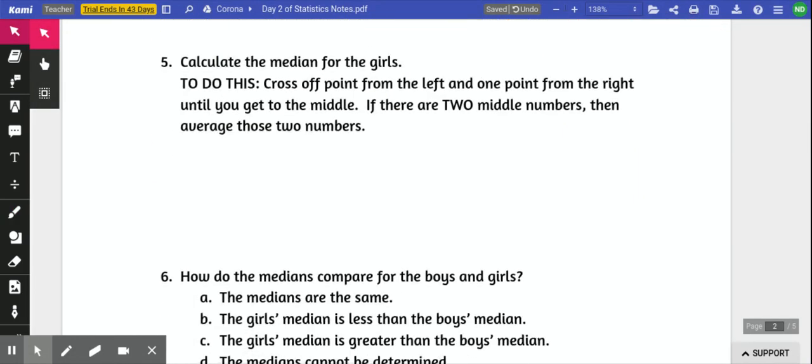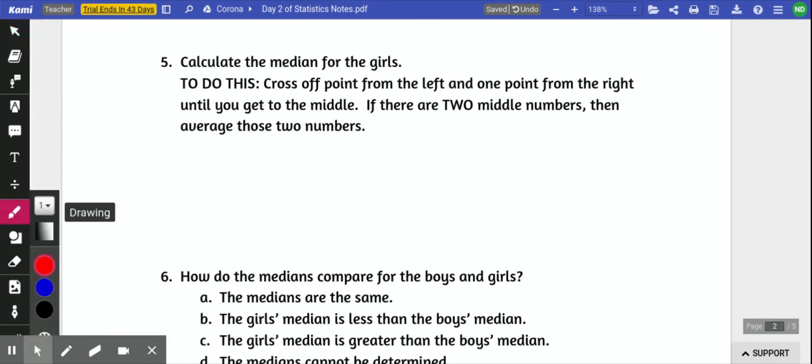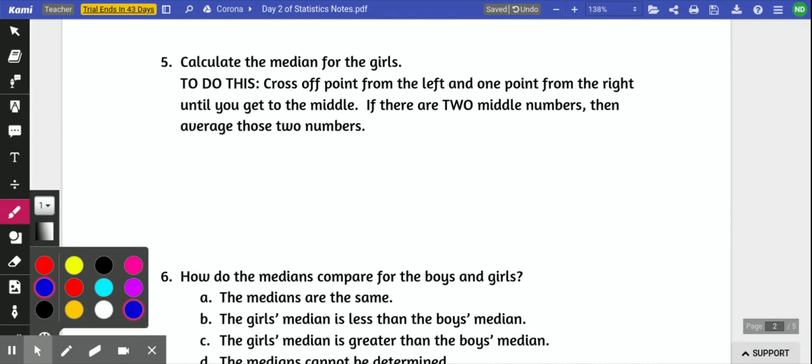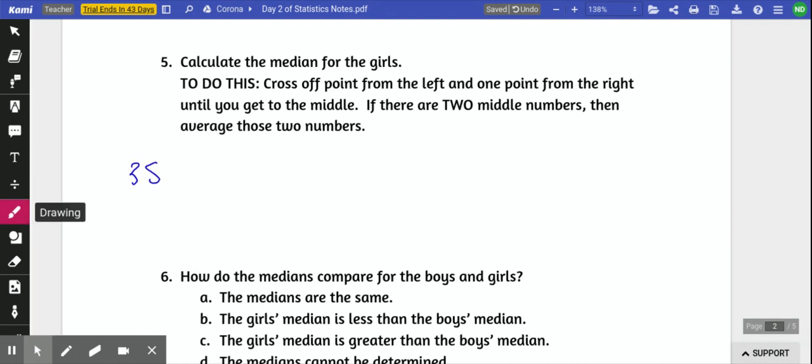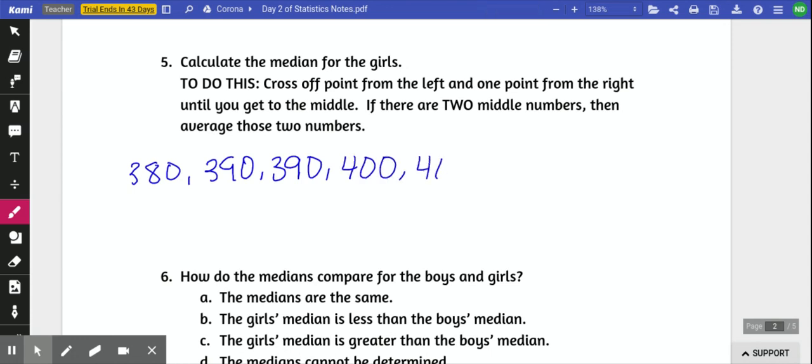Okay, now for number 5, I want to calculate the median for the girls. So I do the same procedure. I place my data points in order from least to greatest. So I first have 380, 390, okay, and again, I'm going to cross out numbers on both sides till I get to the middle.